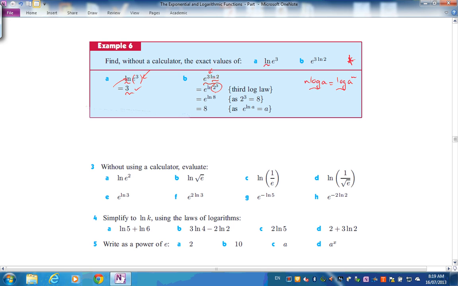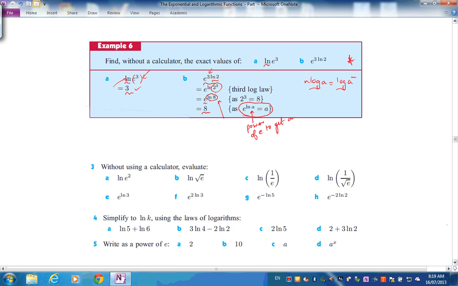And now we're raising e to the log of 8. Hang on, what's the log mean? It means the power you raise the base to, which is e here, to get 8. So you must get 8. Right, remember the rule. e to the ln of a must give you a by definition, because ln of a is the power of e to get a, and you're doing it to e. So you must get a back again.